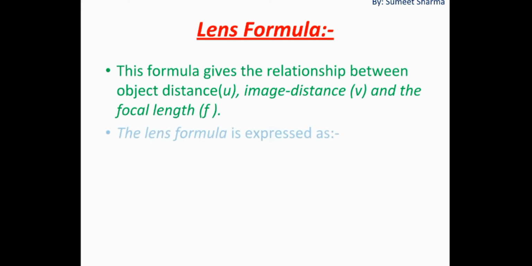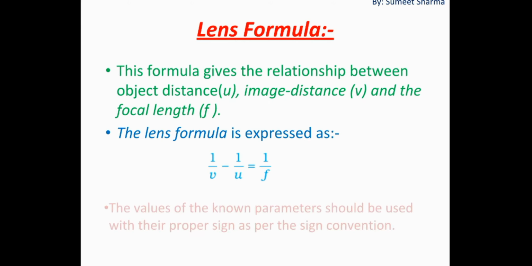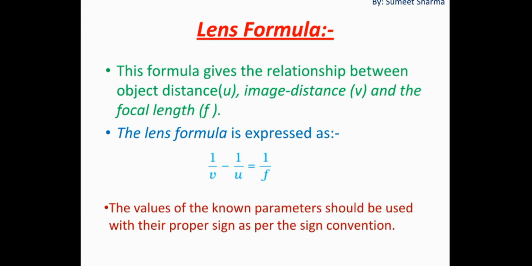The lens formula is expressed as 1/v, that means 1 upon image distance, minus 1/u, that is 1 upon object distance, is equal to 1/f, means 1 upon focal length. So this is the lens formula. The values of the known parameters should be used with their proper sign as per the sign convention.